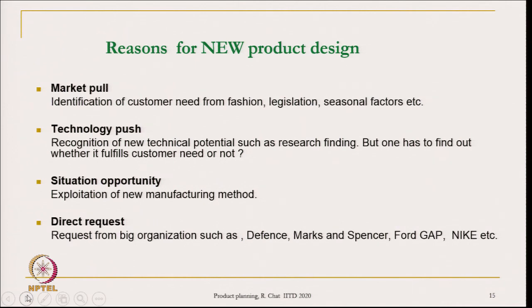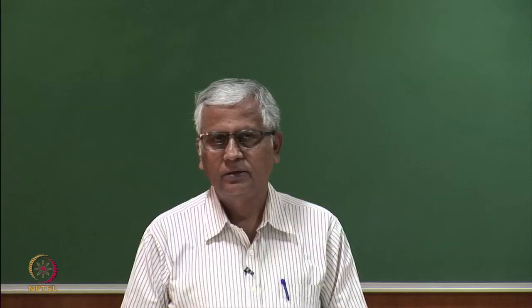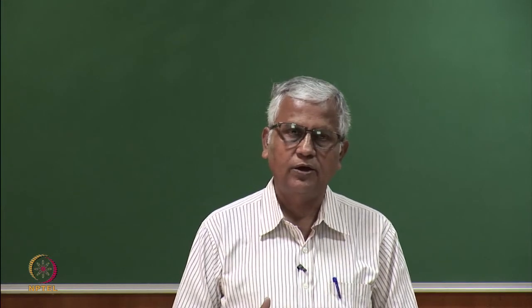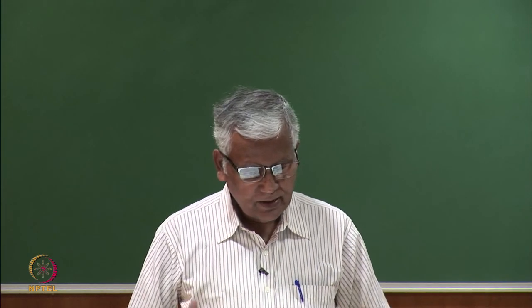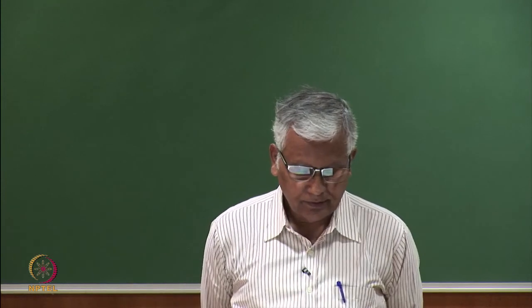The other thing is situation opportunity, exploitation of new manufacturing methods. This is also a part of technology development: if a new manufacturing method comes, then people make use of it. If there is a new way of making a fabric, or a new finishing technique, or an improved way of doing some finishing, then that becomes a situation opportunity.